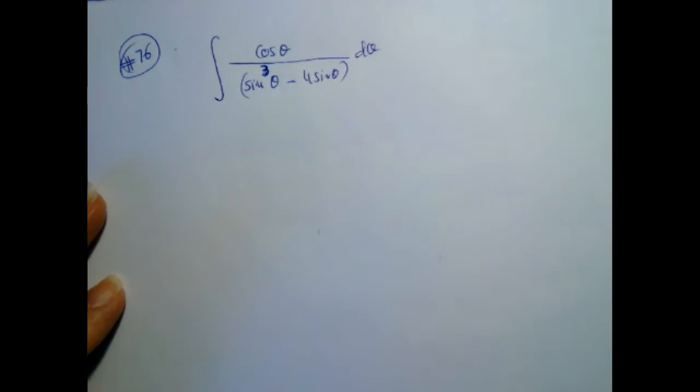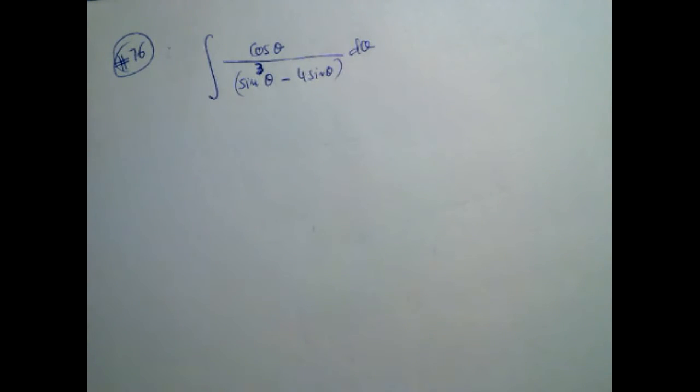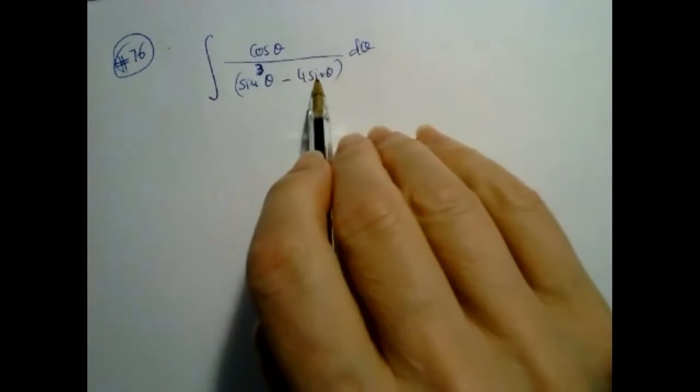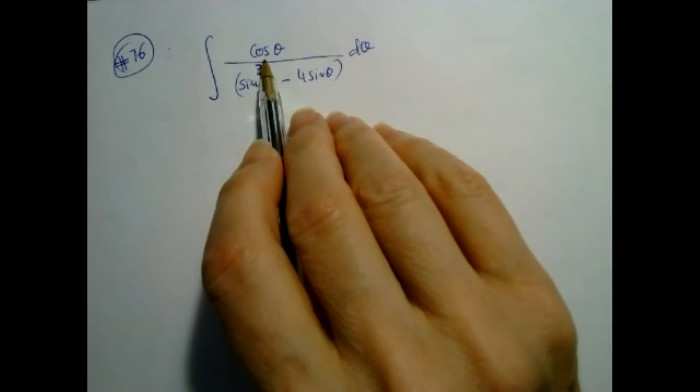All right, so quickly, when you look at this, what do you want to do? Can we make sine u so the cosine would cancel out? Right, it's screaming at you, telling you to make u the sine because the derivative is right there.